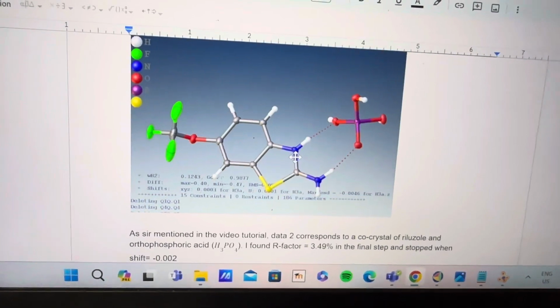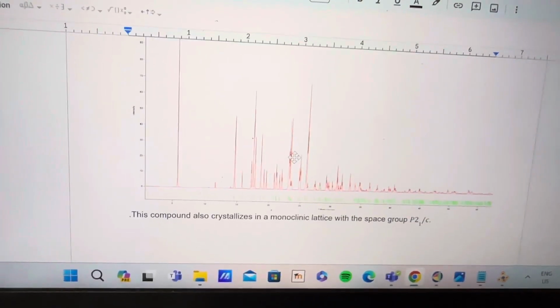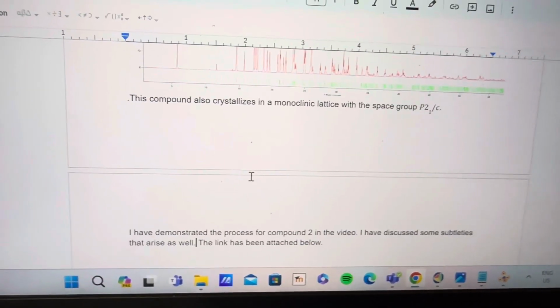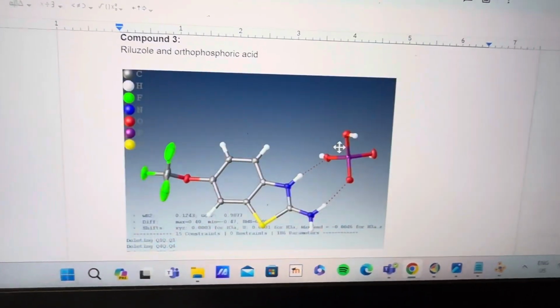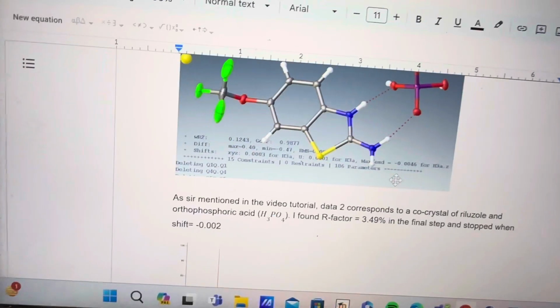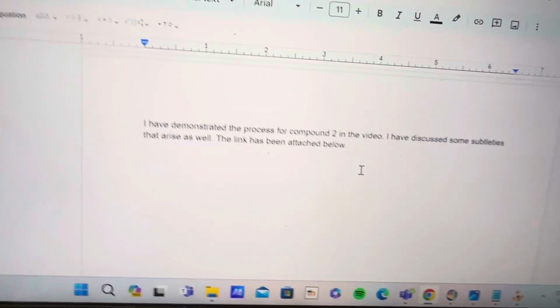This is the structure for the co-crystal, I mean one unit of the co-crystal maybe, and this is the PXRD pattern that I simulated. These brown blobs, I don't know why they appear. Maybe they do represent the lone pairs, that's my only guess, but I don't know if it's correct.